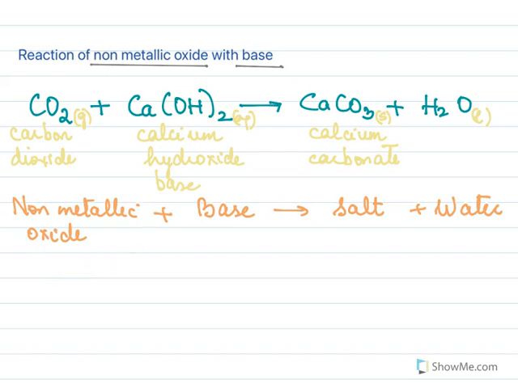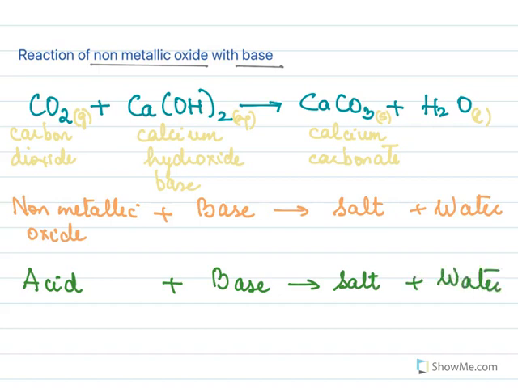And to know that, in neutralization, an acid reacts with a base to give salt and water. So when we compare this, we see that a non-metallic oxide reacts with a base. Hence a non-metallic oxide must be acidic in nature.